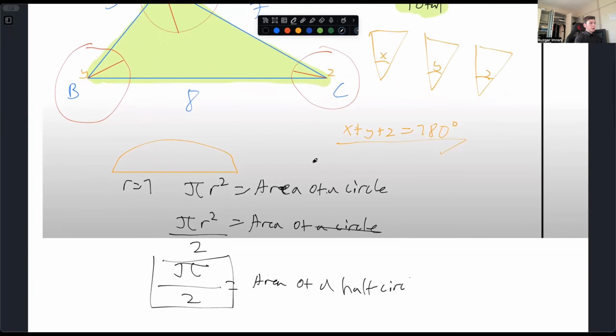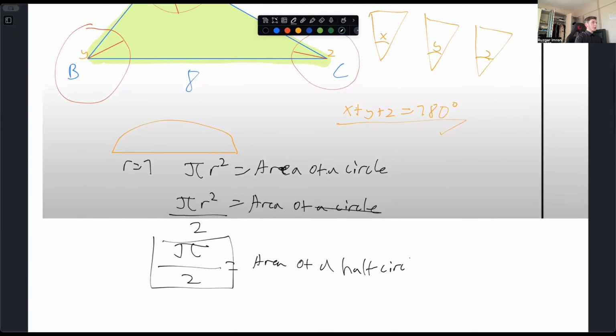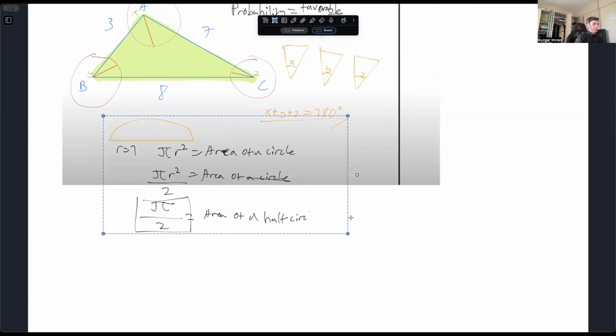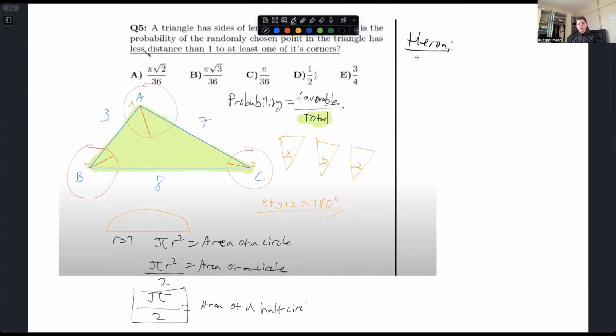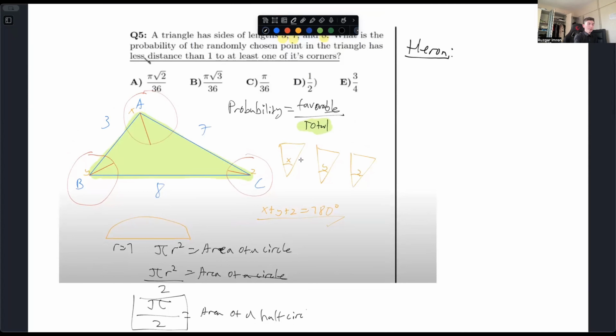So we are about to approach a point where we have to remember a formula. Oh, wait a second. Okay. So here we have to use Heron's formula to determine the measure of the desired point.